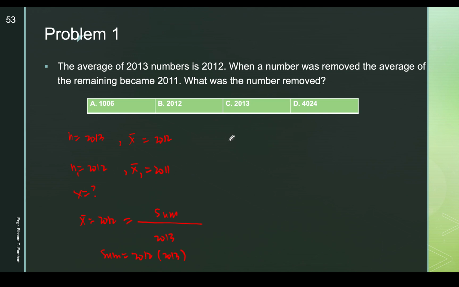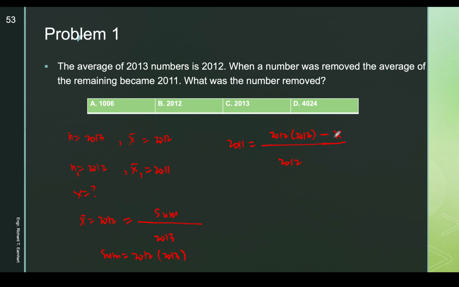Now when the mean is equal to 2011, the total numbers becomes 2012, so minus 1, and then the sum is 2012 times 2013 minus x.